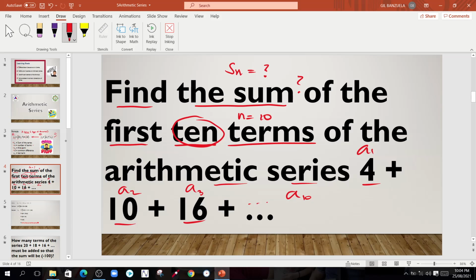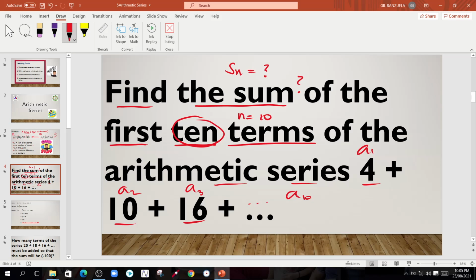Yun yung apat na tinatanong sa atin sa arithmetic sequence. Whereas dito po sa arithmetic series, guys, ang focus natin ay yung sum ng entire series. Hindi lang aalamin kung ano yung last term o first term or second term. Ang gagawin natin, kukunin natin yung sum mula sa first until the last term. So that's basically the difference between the two.